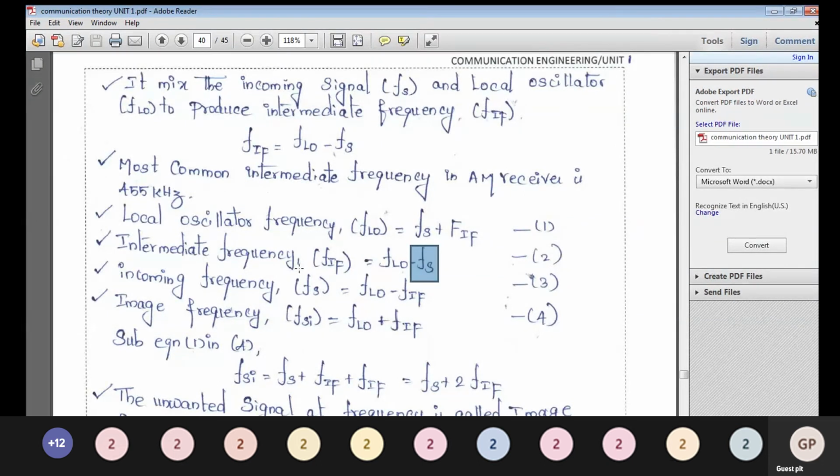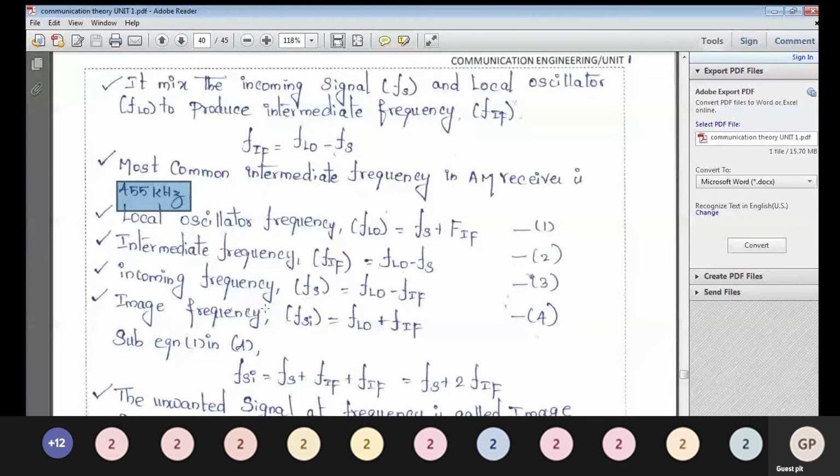From that, the incoming frequency is equal to the locally generated frequency minus the intermediate frequency. All of you listen here. This is our incoming frequency: the local oscillator frequency minus the intermediate frequency. This intermediate frequency value is fixed. The most commonly used value is 455 kilohertz.